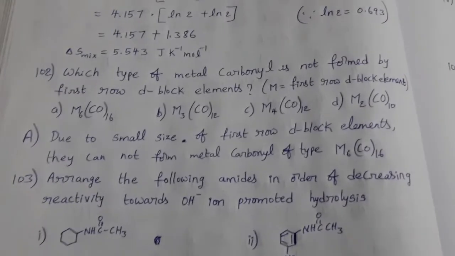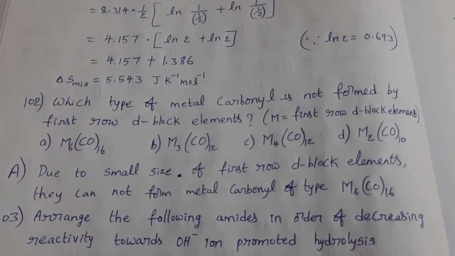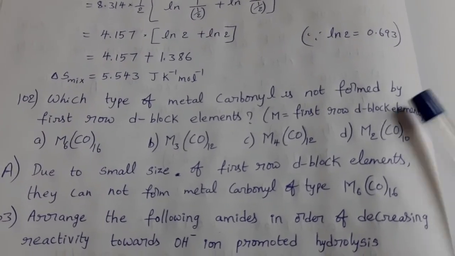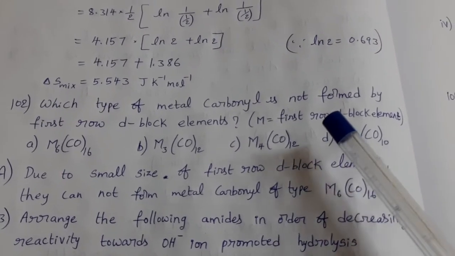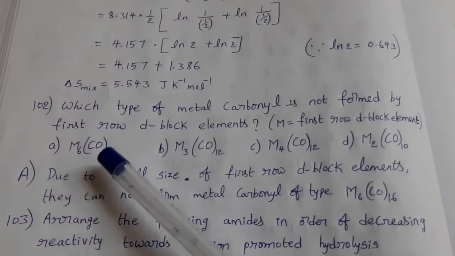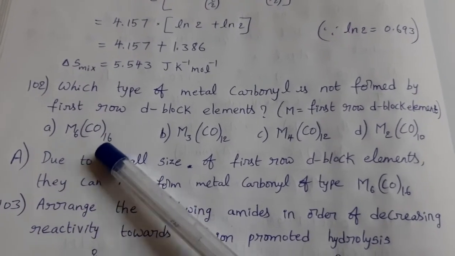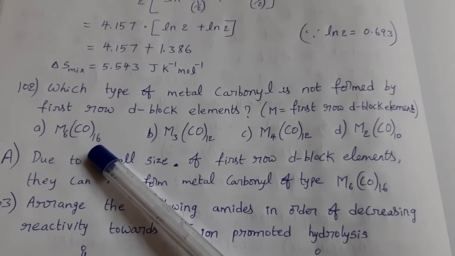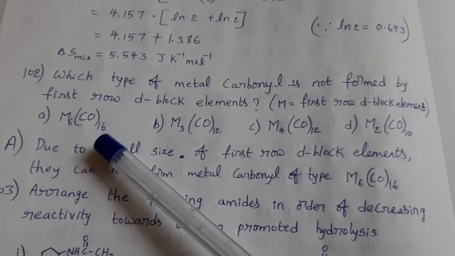Next, which type of metal carbonyl is not formed by first row D block elements? M equal to first row D block element. These are the general formulae of metal carbonyls formed by first row D block elements. In these options, the first type of metal carbonyl cannot be formed by first row D block elements, that is M6CO16.